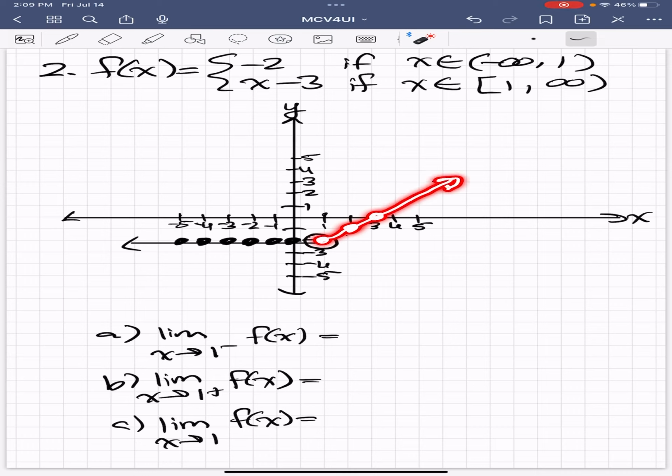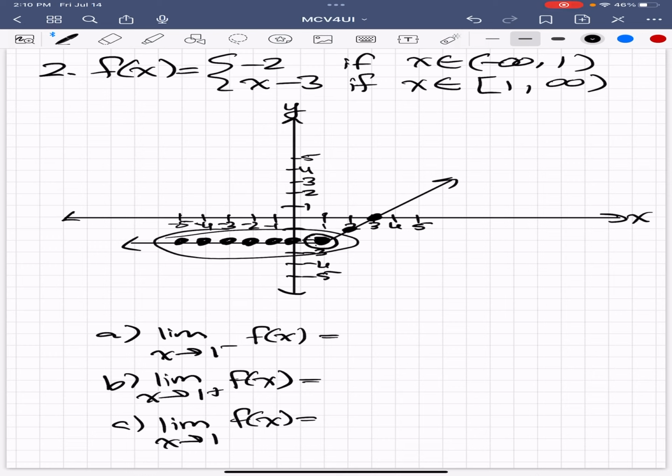So the limit as x approaches 1 from the left, it is approaching -2. As you can see, it approaches -2. So for the x values before 1, it is approaching -2.